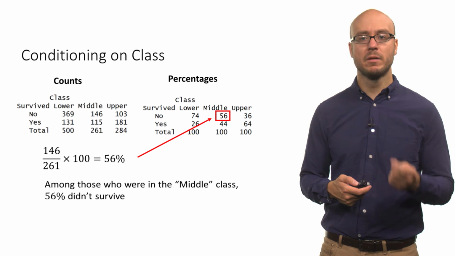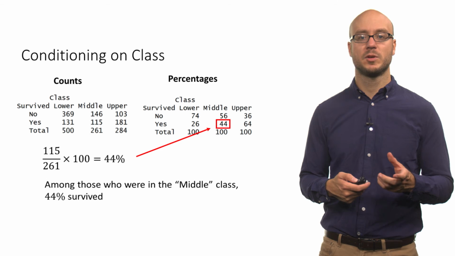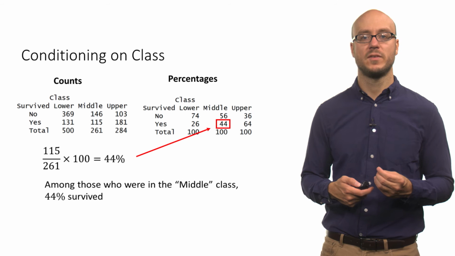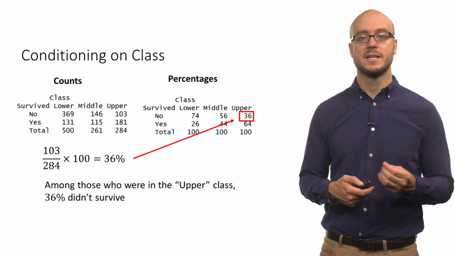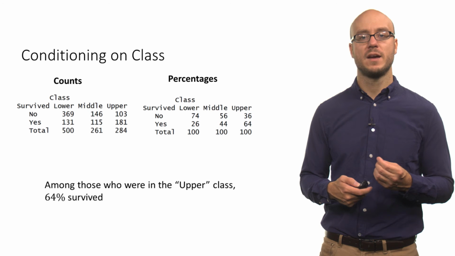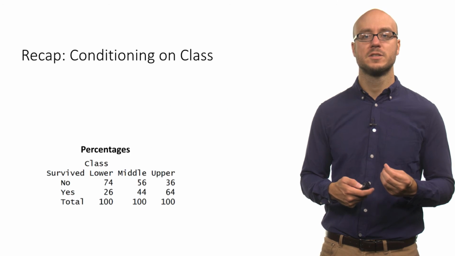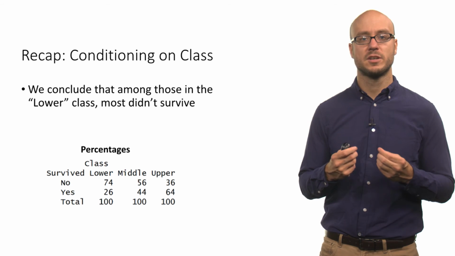Among those in the middle class, 56% didn't survive, and 44% survived. Among those in the upper class, 36% didn't survive, and 64% survived. So conditioning on class also suggests a relationship.